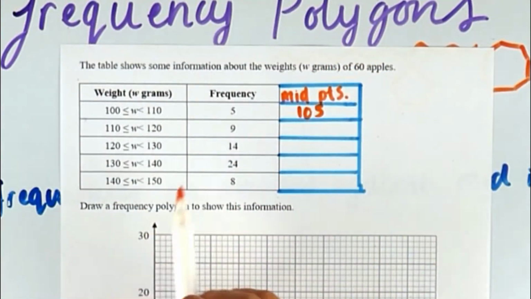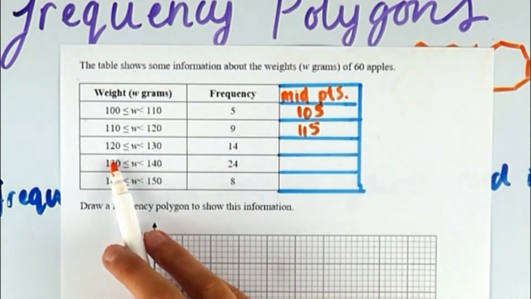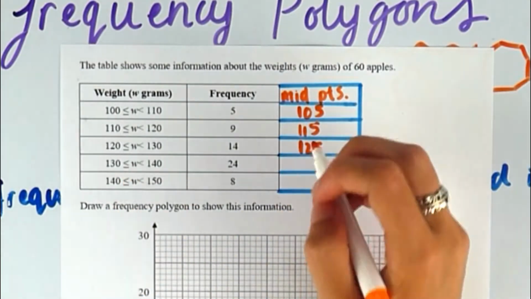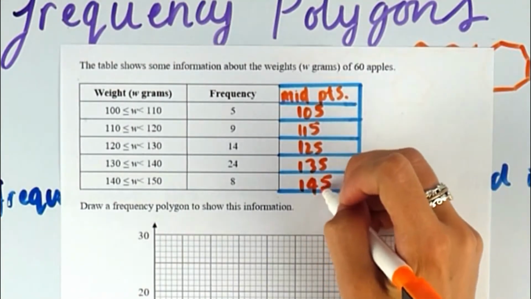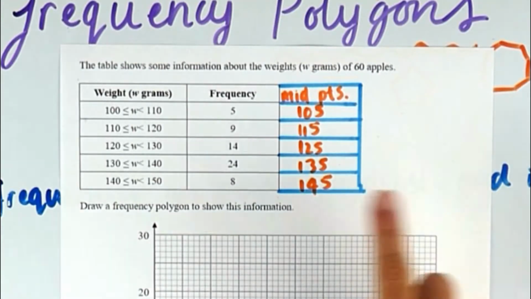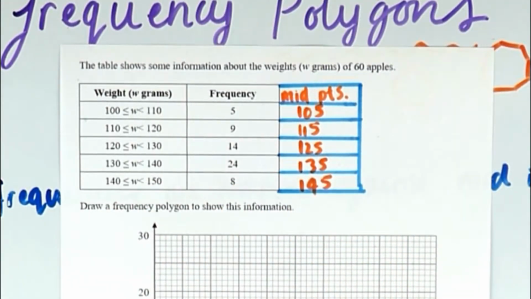The midpoint between 110 and 120 would be 115 grams. 120 to 130 would be 125. And 130 to 140 would be 135. And then 140 to 150 would be 145 grams. So basically, you plot the midpoints against the frequencies. You plot that against that. And that is as simple as that.